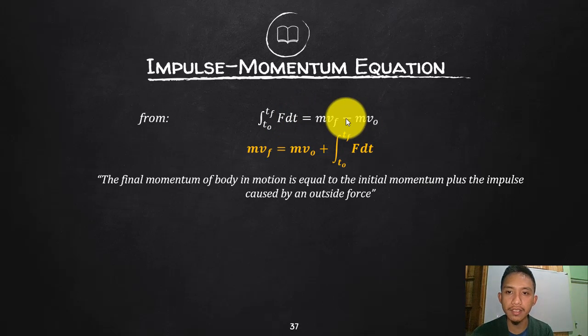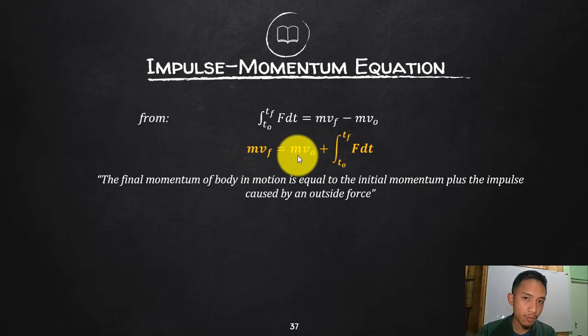So let's try to rearrange. I will transfer this m vo, or your initial momentum, to the other side. It will become plus. So leaving us your final momentum equal to initial plus impulse. Okay, so again, the final momentum is equal to your initial momentum plus impulse.